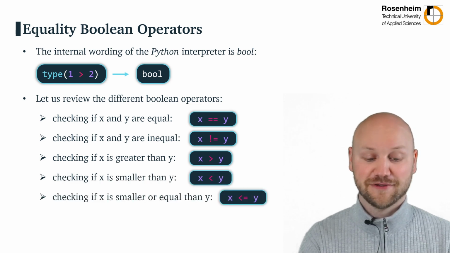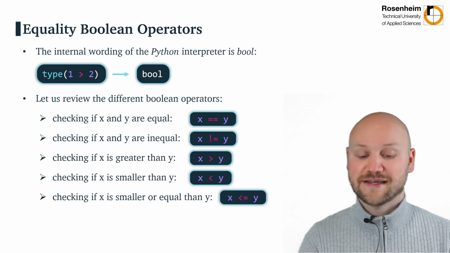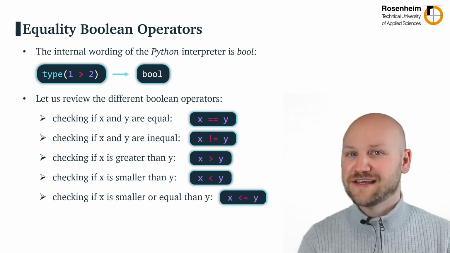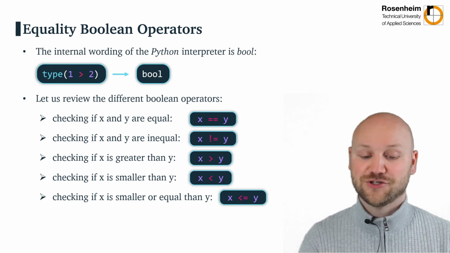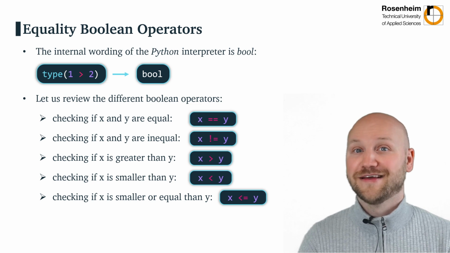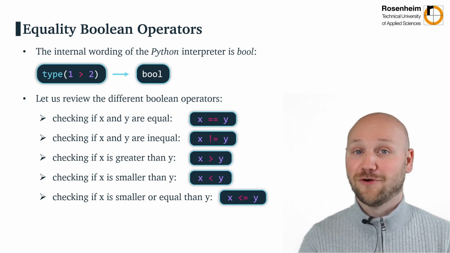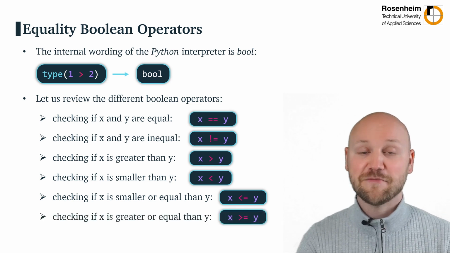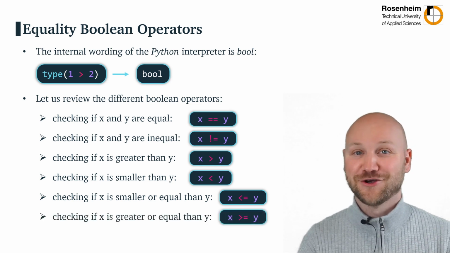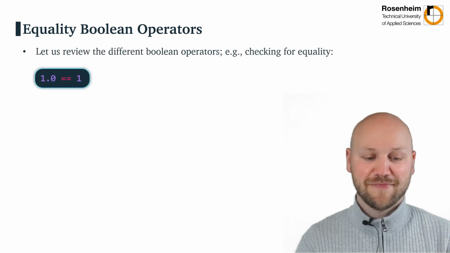We can check if x is smaller or equal to y. In this example, if both are the same, this would lead to a true. If you are just writing x smaller than y and x and y are the same, this is not leading to a true if you don't write smaller or equal to. And the same, of course, also for greater or equal. Some of the examples are shown here.